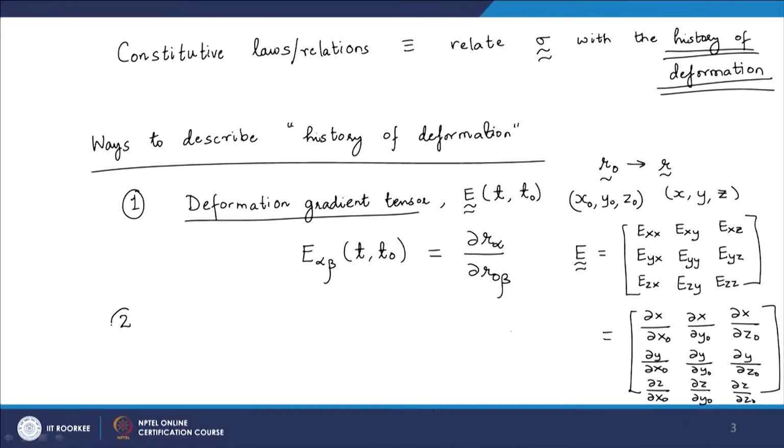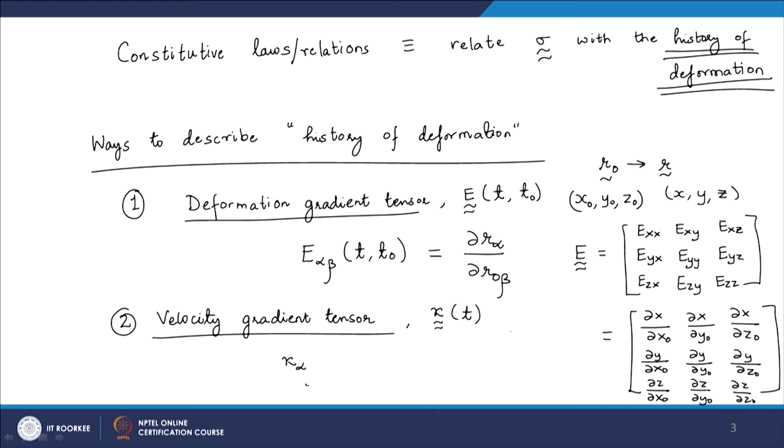So, the alternate way to look at the history of deformation is known as the velocity gradient tensor, which is written as kappa, that is only a function of time, the current time, not the previous time.